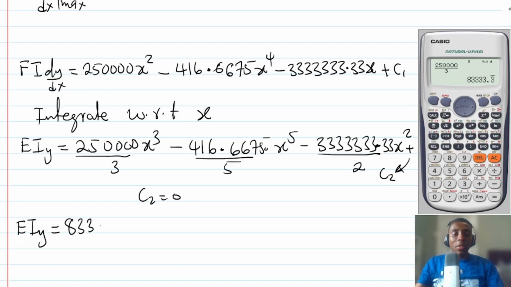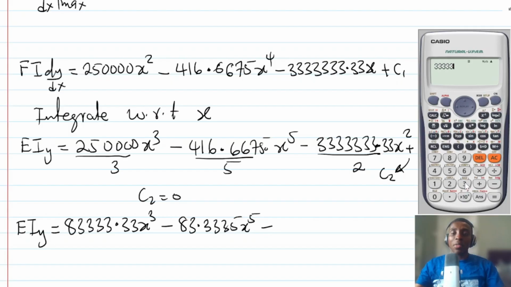So we have 83.33 x cubed, minus 416.6675 divided by 5, which is 83.335 x to the power 5, and then minus 3.33 times 7 divided by 2, which is 1 2 3 4 5 6 7 point 5 x squared.